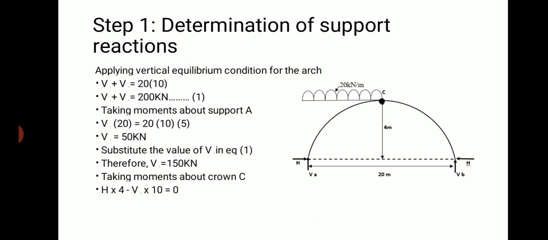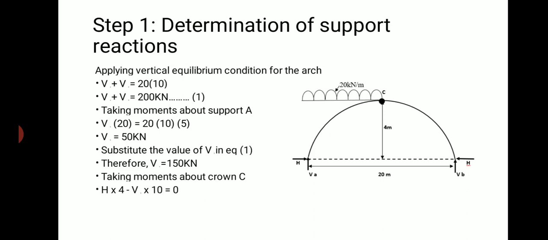So in order to calculate the value of H, you need to take the moments either towards the left span or towards the right span. I think the right span is much easier, so I just consider the right support span, that is towards VB.